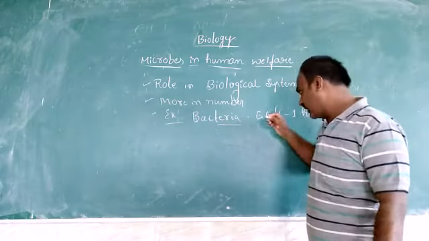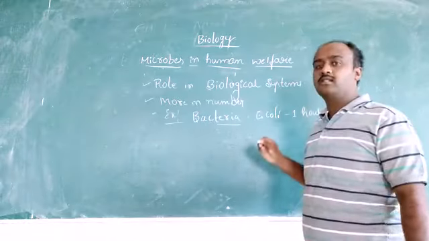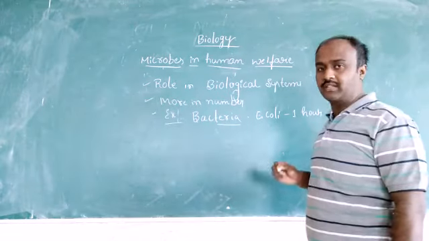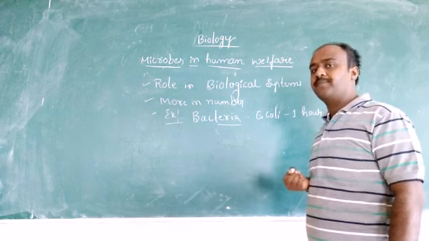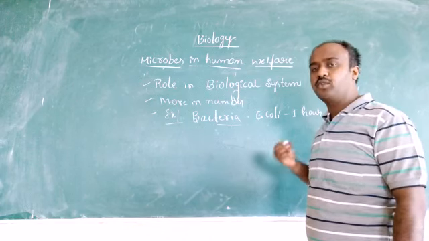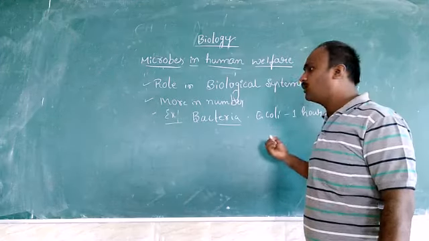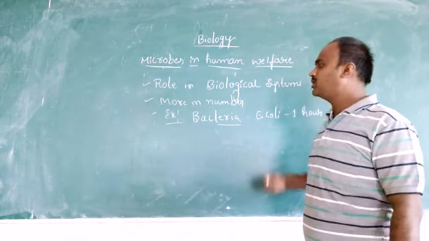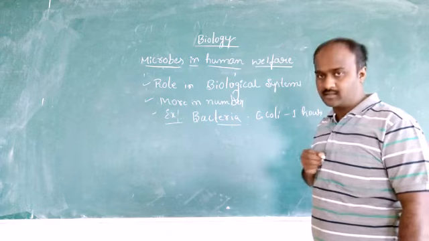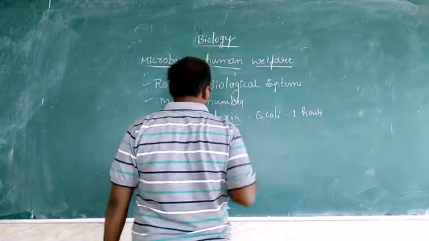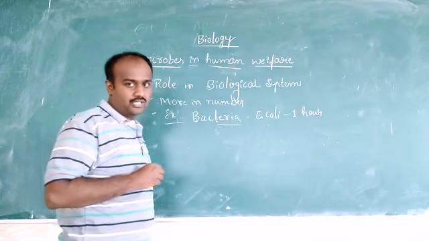When reproduction happens, the rate of offspring produced is more, hence the population size also increases. This is about the role of microbes in the biological system.